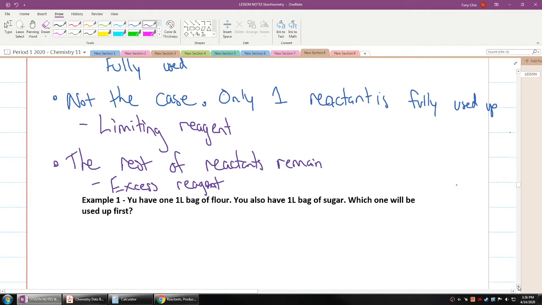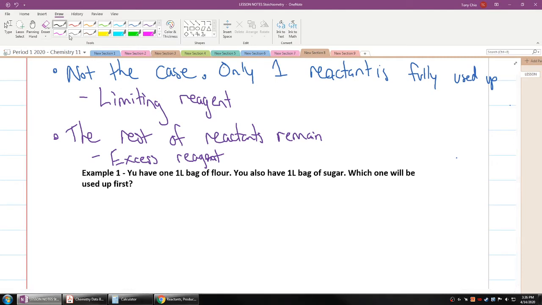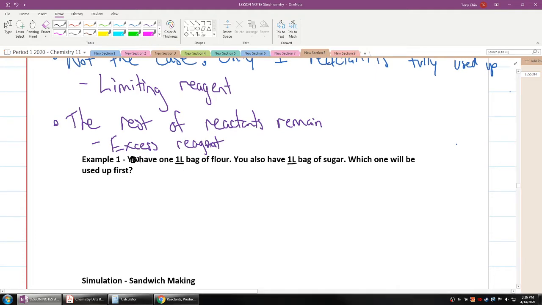Now, in this case, imagine you have a 1 liter bag of flour. You also have a 1 liter bag of sugar. Which one will be used up first if you're baking, for example, a cookie? In this case, obviously, your flour will be used up first.